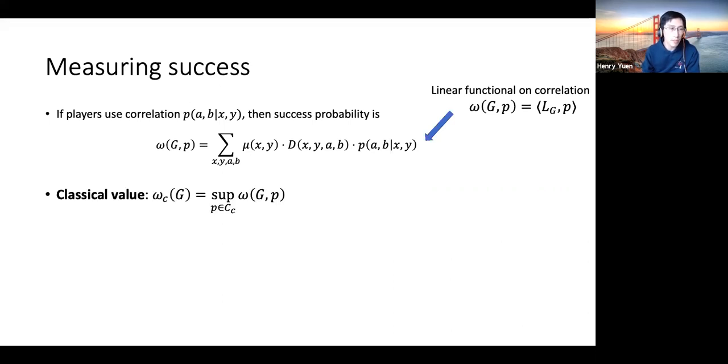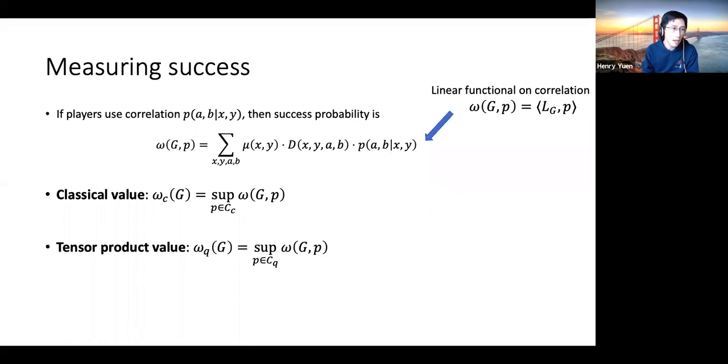And as I said, depending on what types of correlations you allow the players to use, they have different optimal success probabilities. So for example, if you allow the players to only use classical correlations, then you get what's called the classical value. This is denoted omega C, and this is the supremum of the success probability over the classical correlation set.